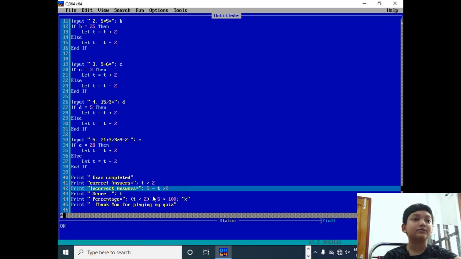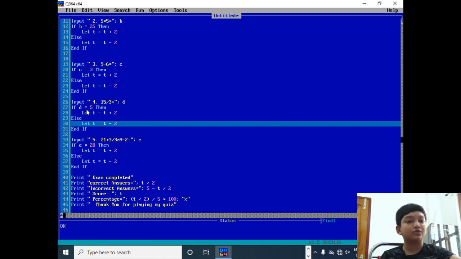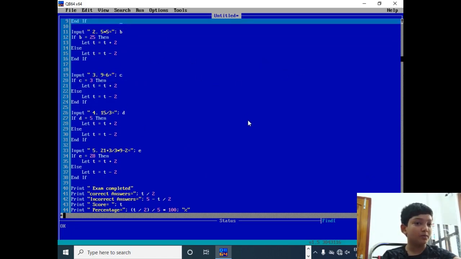Let's see that. Now if t is our correct answer, I am doing each and everything, but here let t equal t minus 2 if something is wrong. So then our total t, if 1 is correct, then 2 marks, then the second is wrong, then 0 marks, and how many questions are left? 3. So 3 2s are 6, and that is one incorrect.